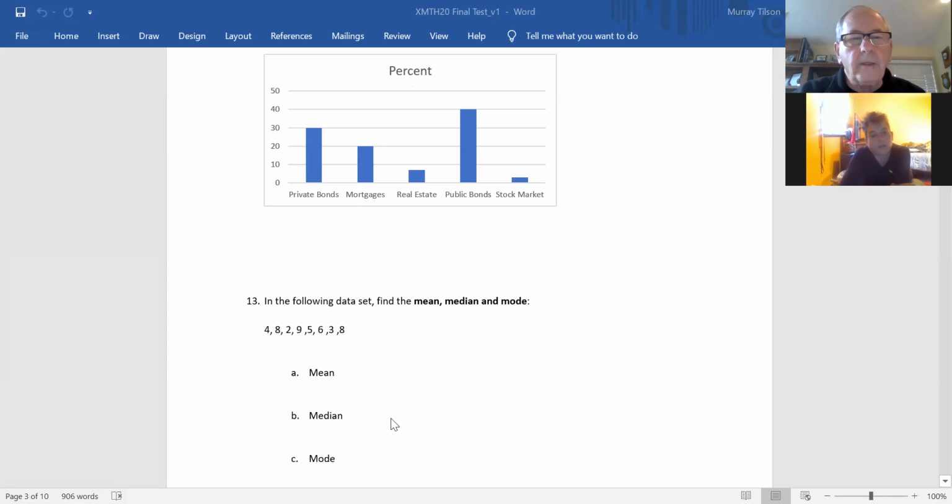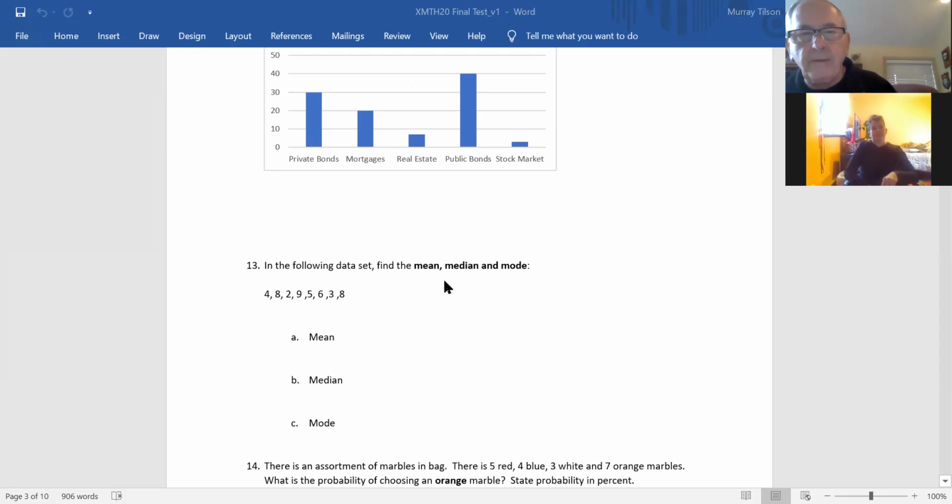Know how to do this. There will be one on finding the mean, median, and mode. In all these kinds of problems, the first thing you do is put the data in order from low to high. So you rearrange all this data, and then check them off as you do them. Make sure you don't miss any parts. The second important thing is to count up whether it's an odd number or even number.